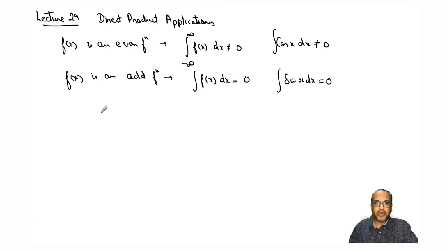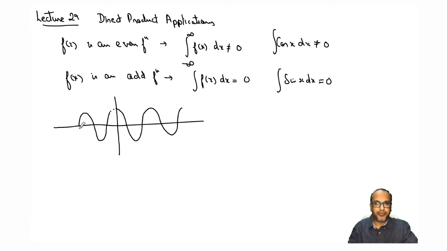So why is it so? Let's draw this function to understand it more clearly. If we draw the cosine function, it goes like this, right? And then on the other side, it goes like this. Assuming this is my x-axis and this is my y-axis, that means if I am putting a plane which is the YZ plane, so sigma YZ, and if I operate sigma YZ onto the cos x, I will get cos x, right?